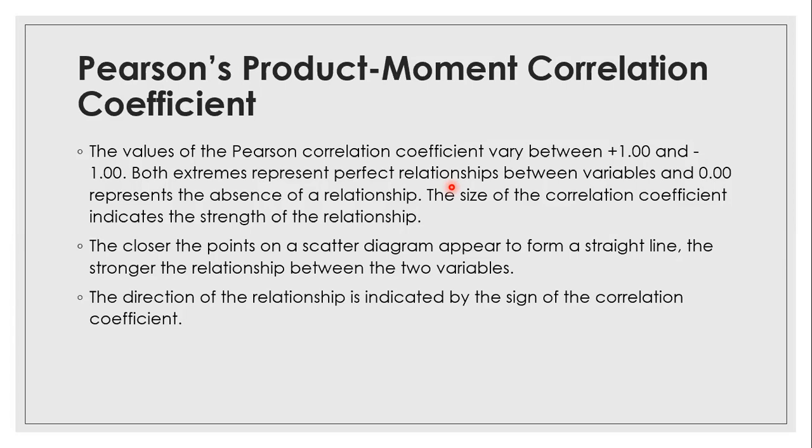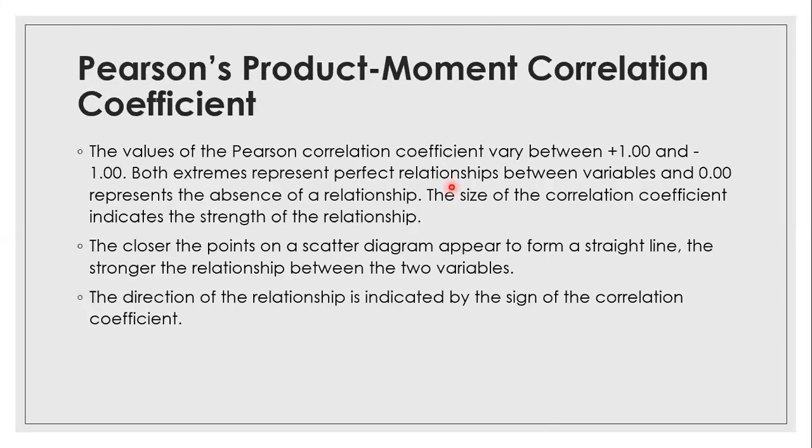When you calculate your Pearson correlation coefficient, it can take on any value between a positive 1.00 and a negative 1.00. Either the positive 1 or the negative 1 represents a perfect relationship between these two variables.